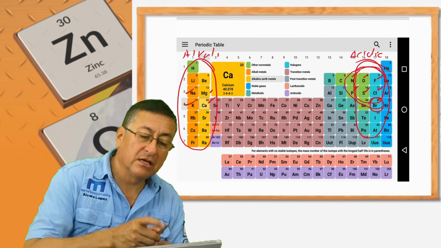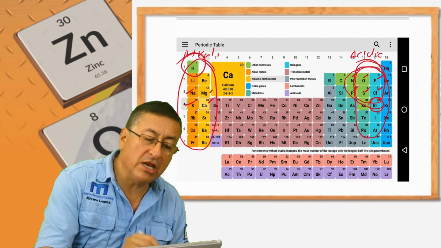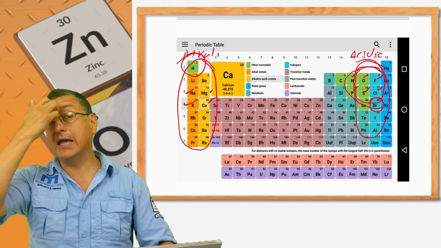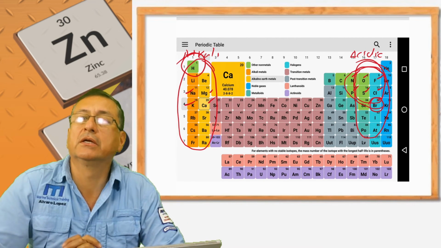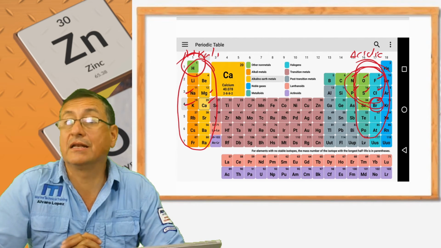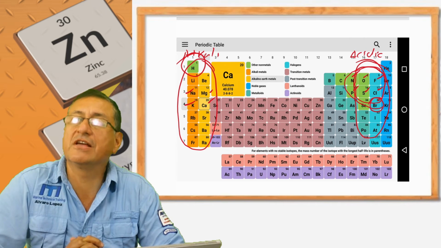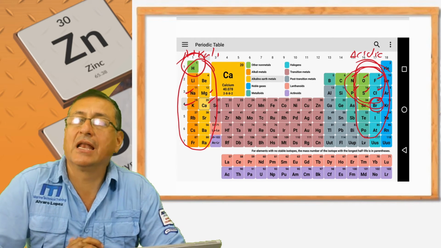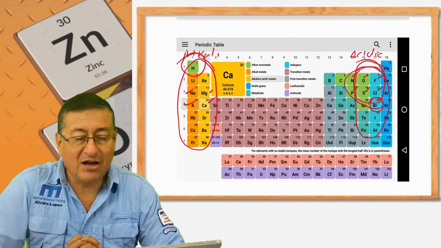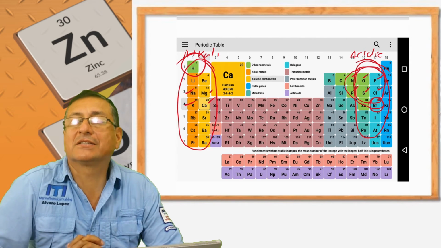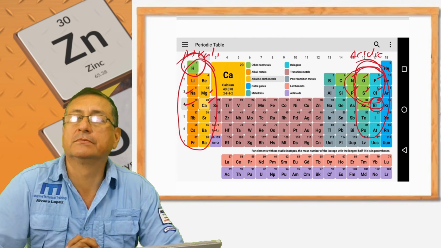Hydrogen has only one electron in the last orbit. And this is excellent for elements in group number 7, because those elements only need one extra electron to be stable.